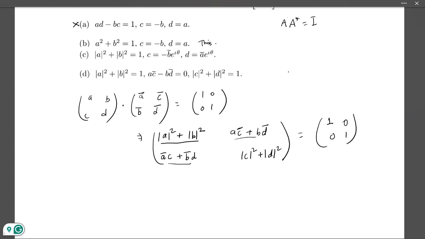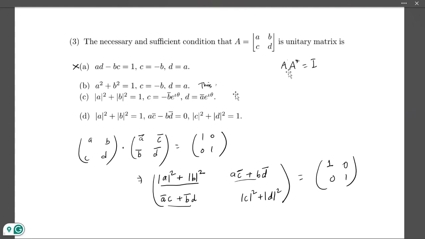This is just the sufficient part, sufficient for real matrices. But we are all talking about complex matrices and necessary and sufficient both conditions. So this is incorrect.